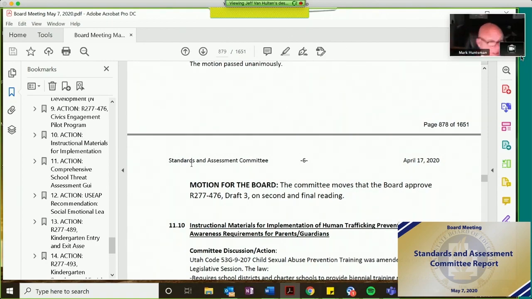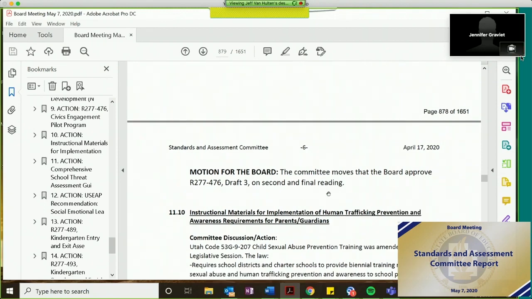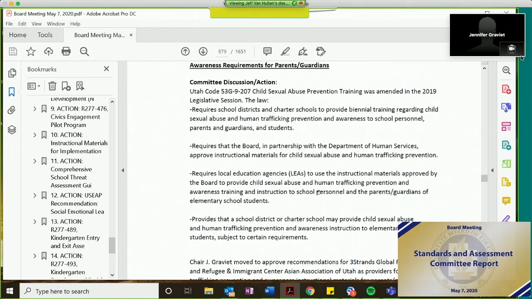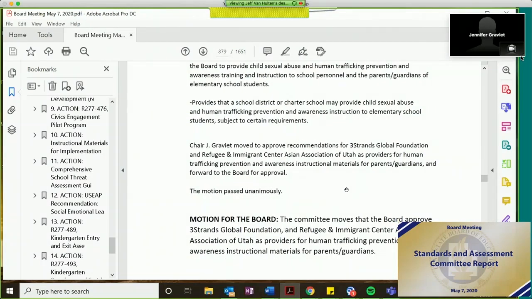Okay, please continue. Action item 11.10, instructional materials for implementation of human trafficking prevention and awareness requirements for parents and guardians.